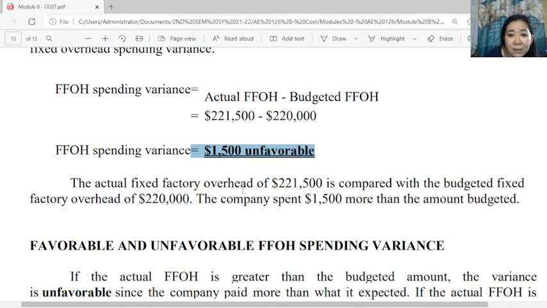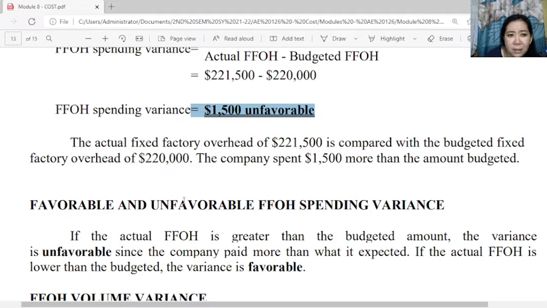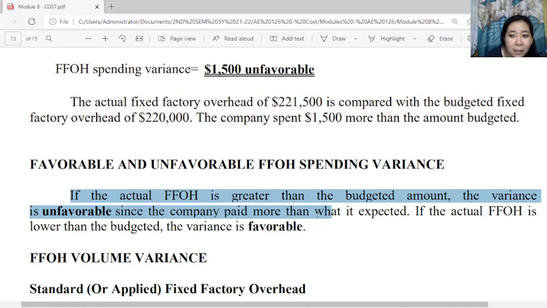So the actual fixed factory overhead is just compared with the budgeted fixed factory overhead only. So how do we determine if the variance is favorable or unfavorable? If the actual fixed factory overhead is greater than budgeted, the variance is unfavorable because the company paid more than what it expected.